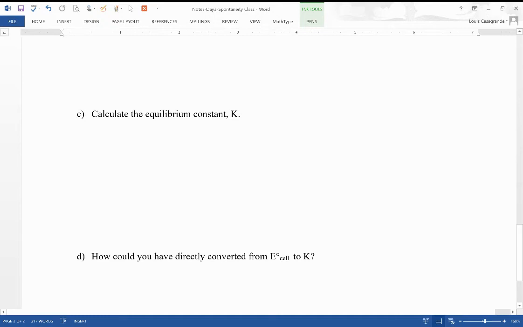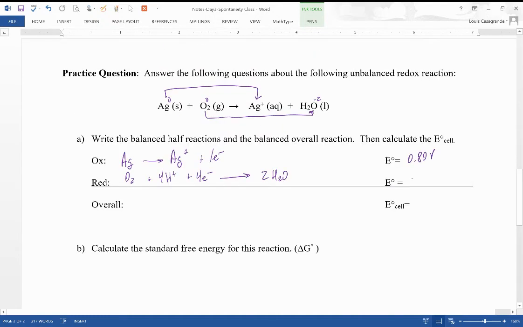And the potential for that is 1.23 volts. These are both positive. Let me put positive signs in front of them. And then to combine everything, we'll notice that we have 4 electrons being transferred here. So we need to multiply the first reaction by 4. Remember, don't multiply the voltage by 4.